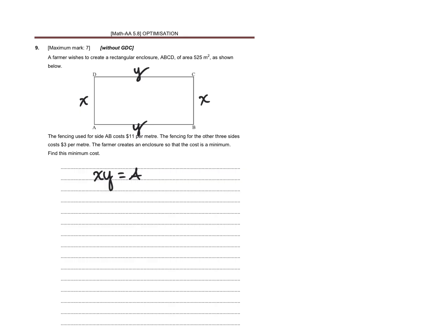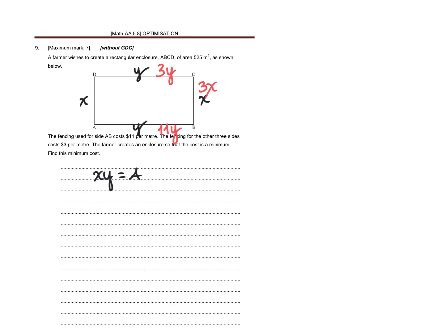So this is going to be 11y. This is 3y, because that side is only y meters long, but those meters cost $3 a piece.